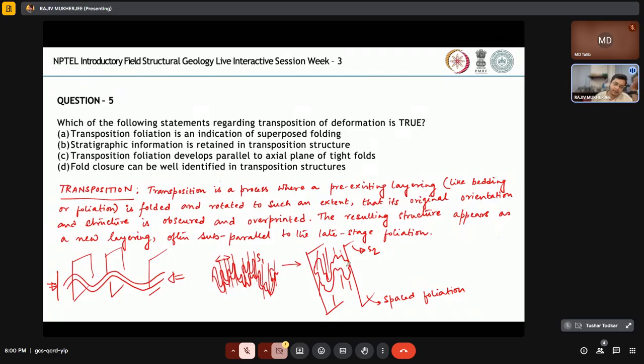So this term is very important for this kind of folds. If we observe these kind of folds in very highly deformed terrain, such as if you just visit Rajasthan and Singhbhum Craton, there are plenty of examples where we observe rootless folds.